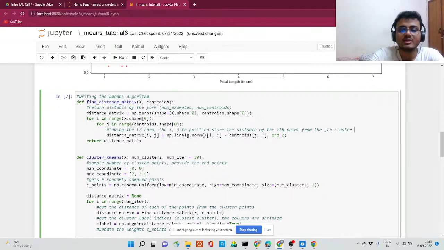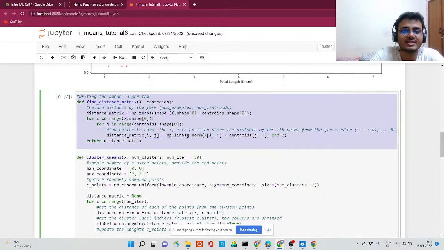So for every i, you have distance 1 through distance k. You can take the minimum of all these distances when you want to do the clustering. This will give me the distance matrix.